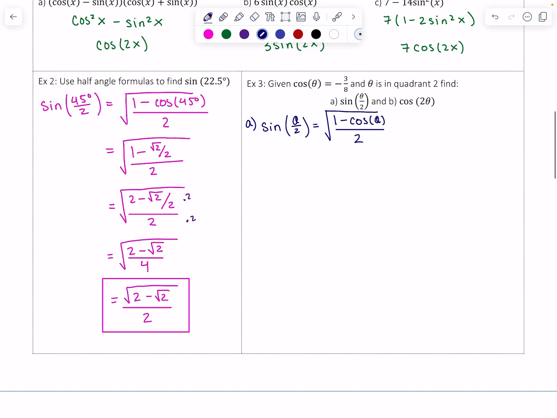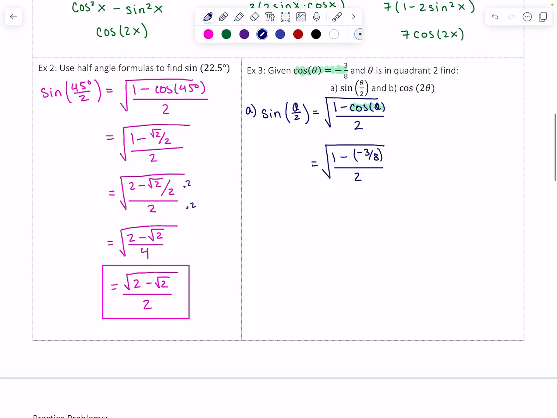Okay, so now that we have this, we can go ahead and replace what we need to. For example here, we know that the cosine of theta is equal to negative 3 over 8, so I'm going to use my substitution rule and replace my cosine of theta. So we now have that this is equal to the square root of 1 minus negative 3 over 8 all over 2.